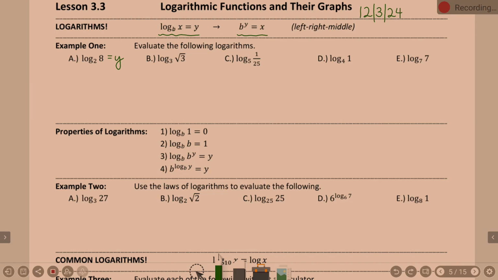So how's this going to rewrite if we talk left, right, middle? 2 to the y. The 2 on the left raised to the y on the right equals the 8 in the middle. That's the answer. That's not the answer. My answer is I want to know what y is. Oh, y. Y is 3, because 2 to the third is 8.